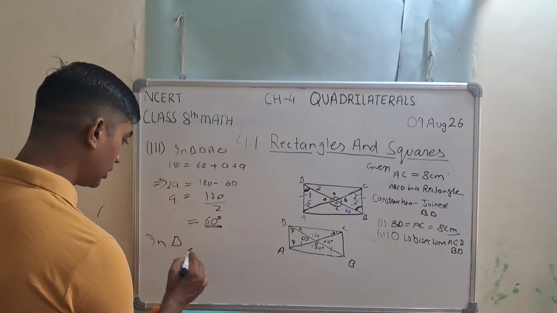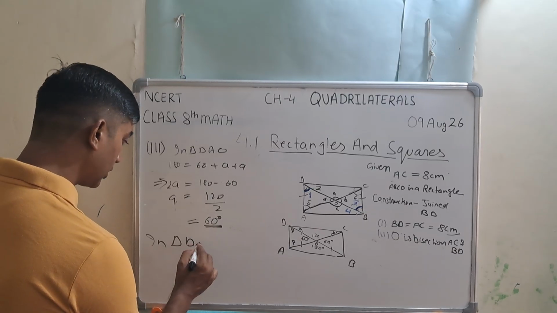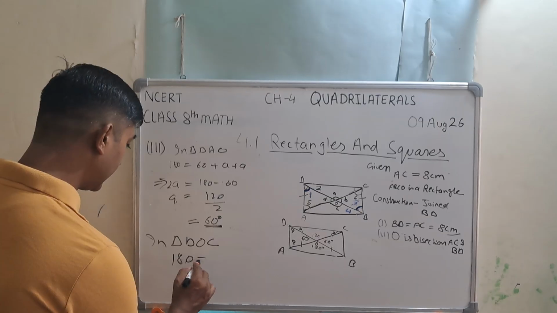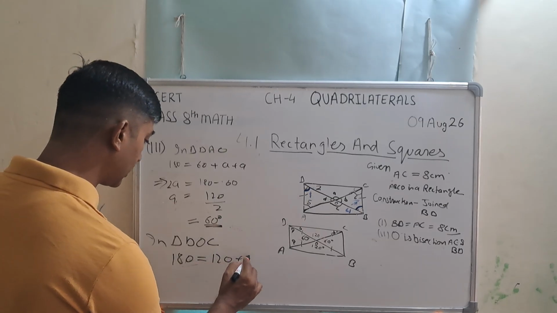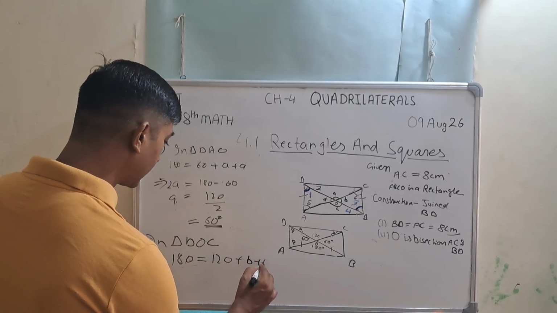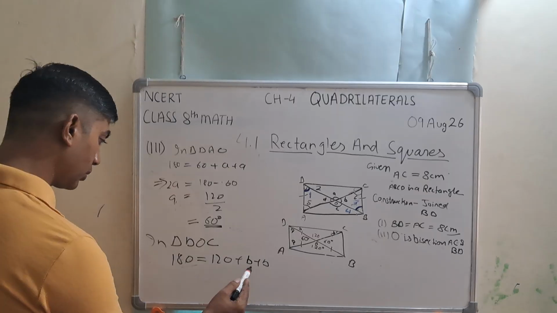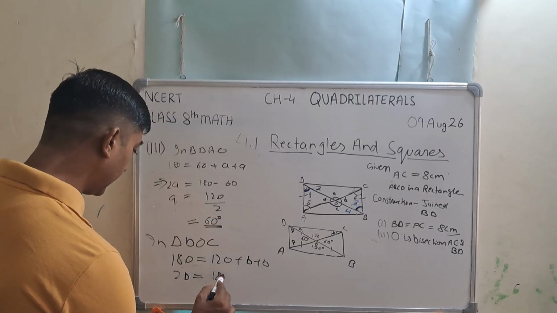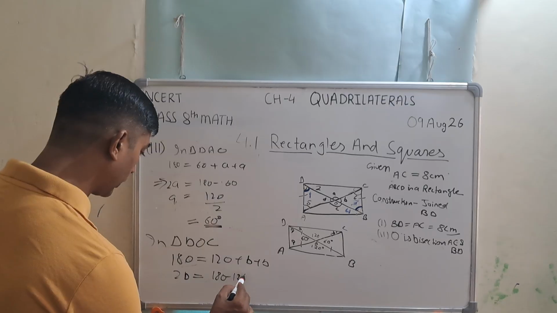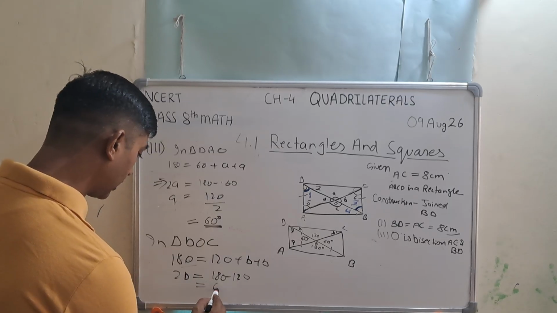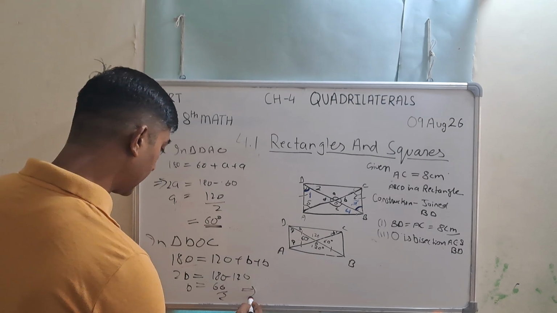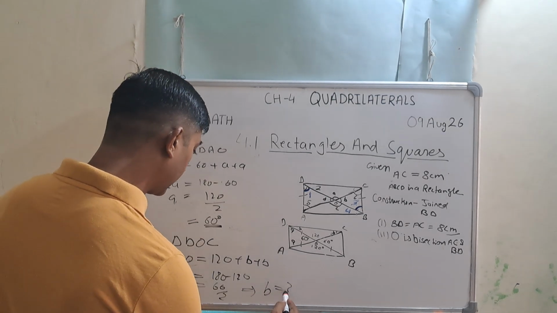In triangle DOC, 180 is equal to 120 plus B plus B. Understood? So 2B is equal to 180 minus 120, that is 60, divided by 2. B equals 30 degree.